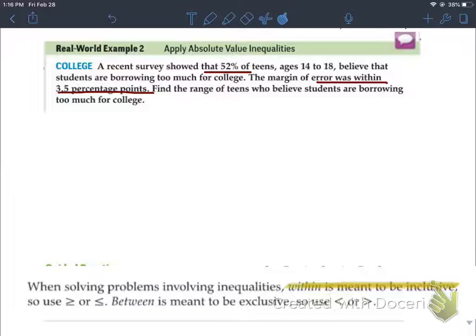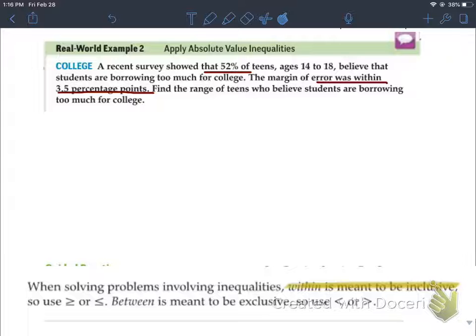So next, we have our word problem that reads, a recent survey showed that 52% of teens ages 14 to 18 believe that students are borrowing too much money for college. The margin of error was within 3.5 percentage points. Find the range of students who believe students are borrowing too much for college.